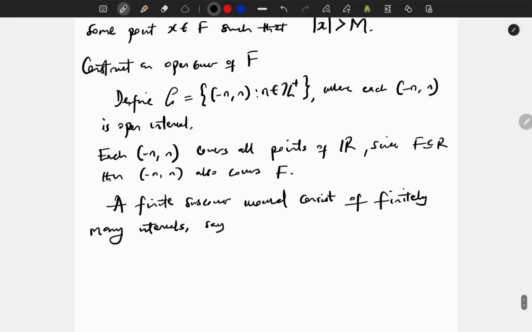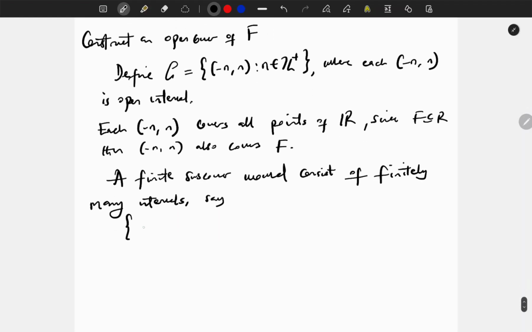Let's see, (-n1, n1), (-n2, n2), up to (-nk, nk), where nk is the largest, is the largest finite subcover.